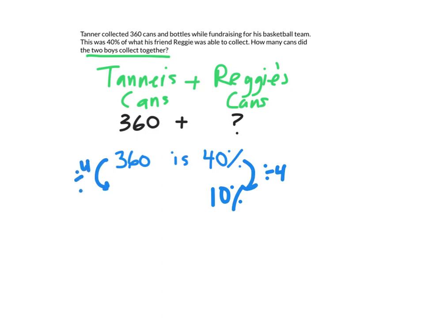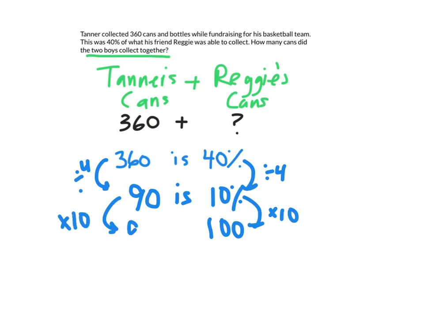Okay, 36 divided by 4 is 9, so 360 divided by 4 would be 90. And then to get to 100%, we would times by 10. And that would be 900. So that's representing Reggie's cans, because Tanner only collected 40% of what Reggie did. So Reggie collected 900 cans.